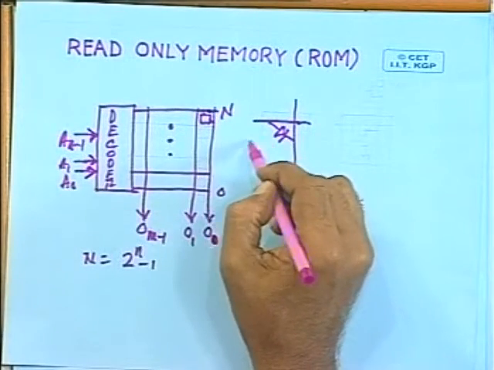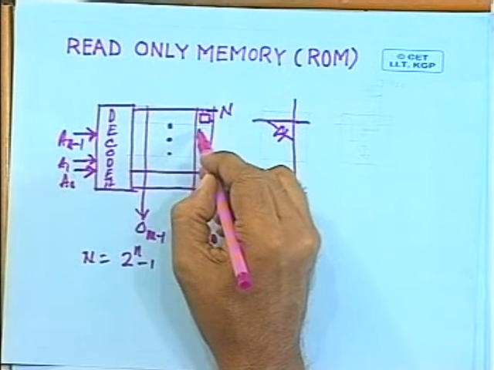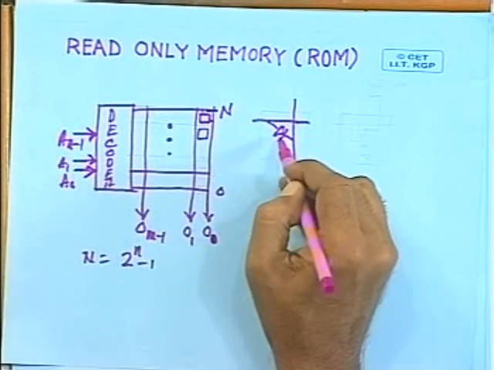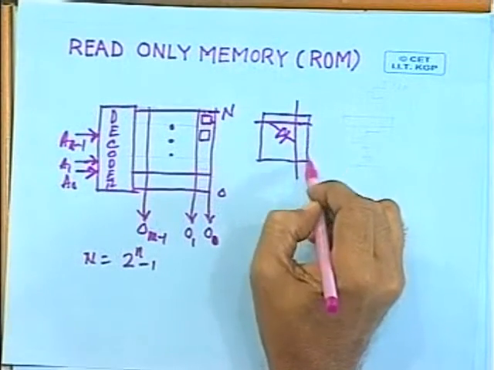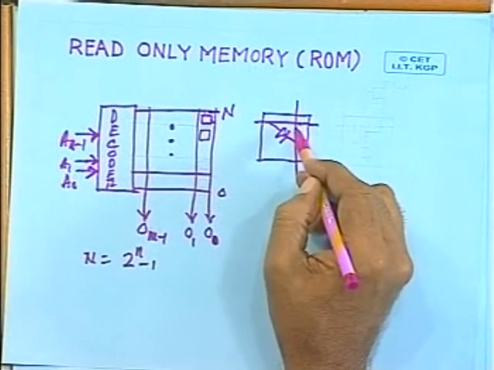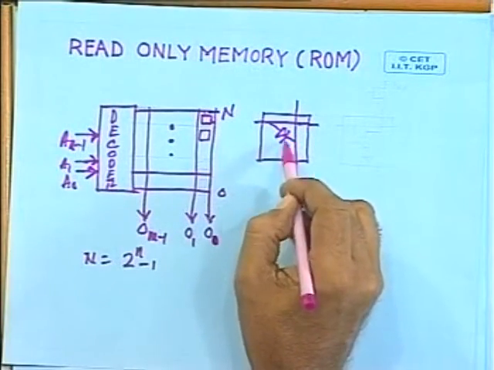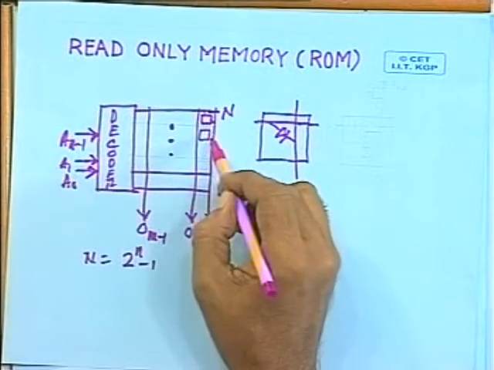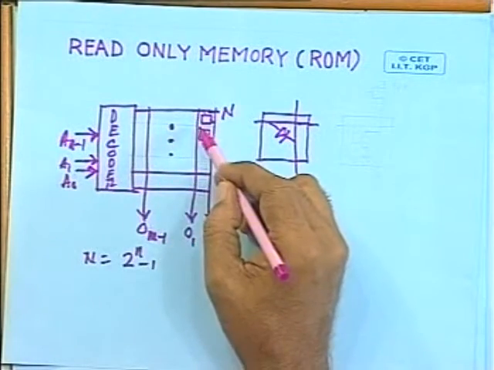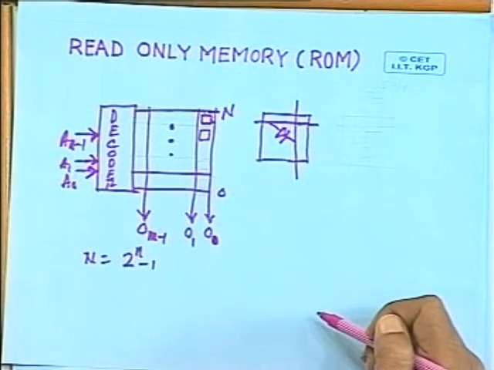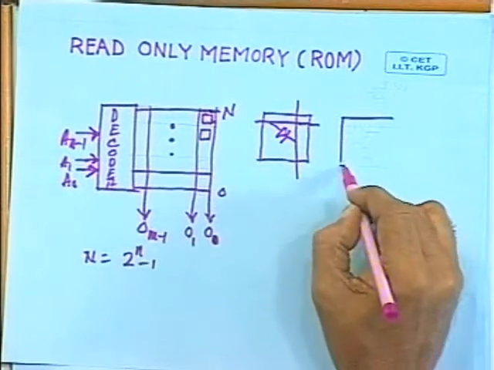If this diode is not present, then it will not come. So at the time of fabrication, this diode is fabricated or it is removed. So in each cell, while making the mask of the VLSI chip in the factory, either this diode is present or not present. Based on that, the ROM program is done, and as a result, once the program is done, it cannot be modified in future. Of course, not only diode, you can use transistors as well.